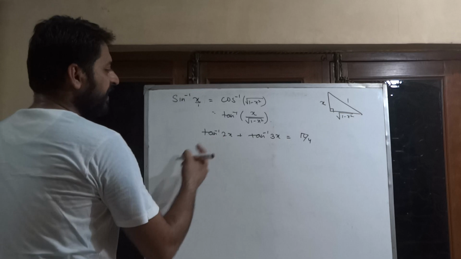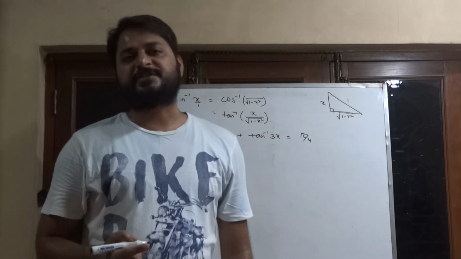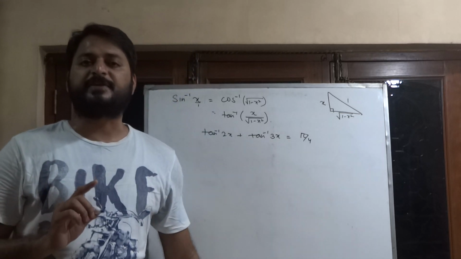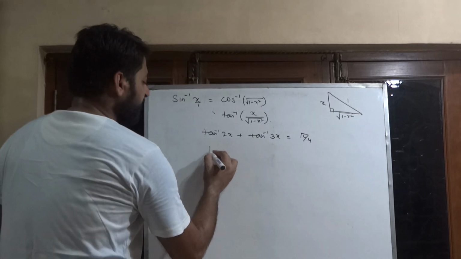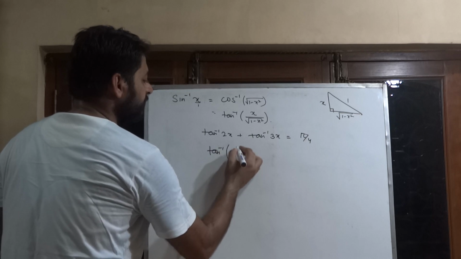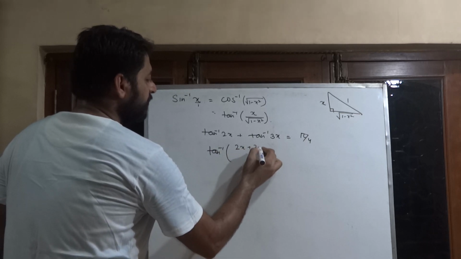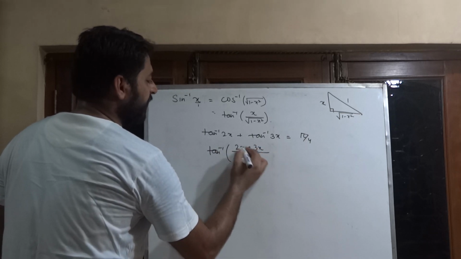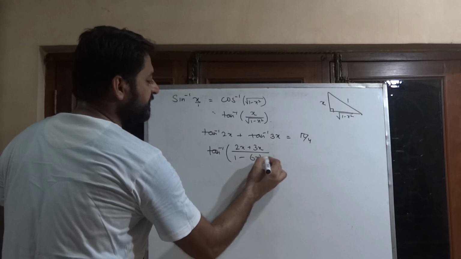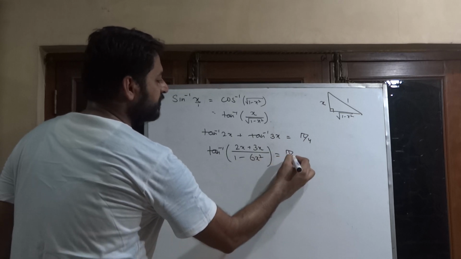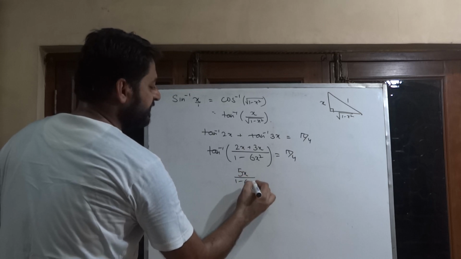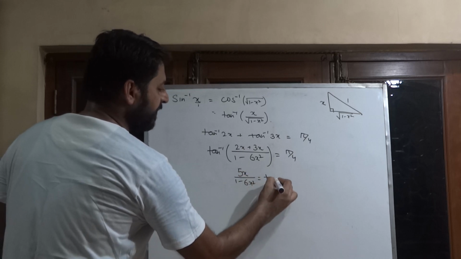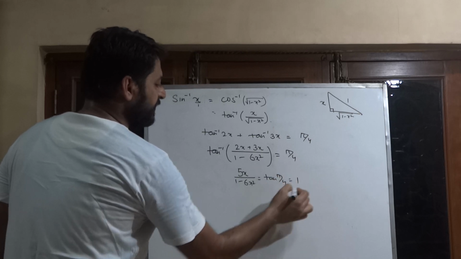Obviously, unless you know the condition, you will directly apply the formula tan inverse of x plus y by 1 minus xy. So here it is tan inverse of 2x plus 3x by 1 minus 2x into 3x, which is 6x square, equals pi by 4. So 5x by 1 minus 6x square is equal to tan of pi by 4, which is 1.